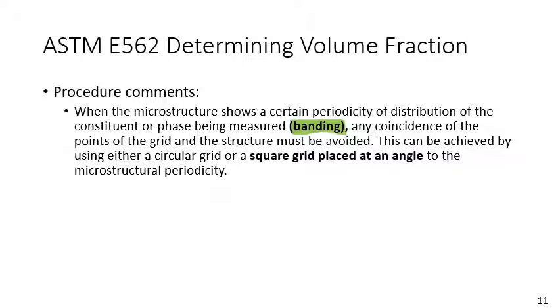The ASTM E562 recommends a couple of different ways to possibly avoid having inaccurate readings due to banding. One is to use a circular grid, but we are going to go ahead and stick with the 10 by 10 grid, and what we're going to do is rotate it so that the grid is at an angle so that it doesn't coincide with the periodicity of the banding.